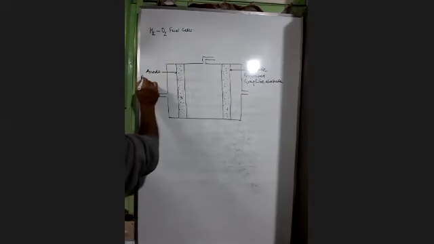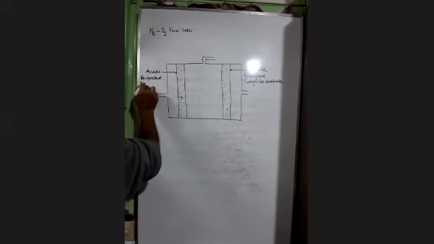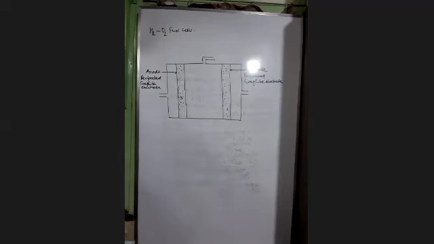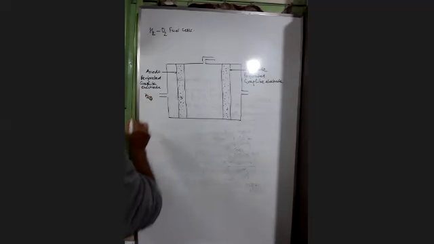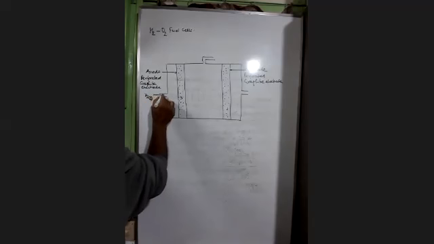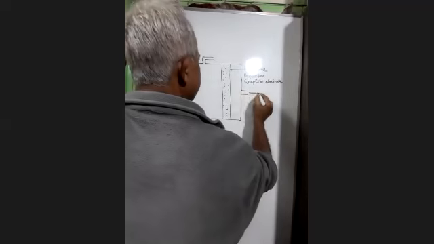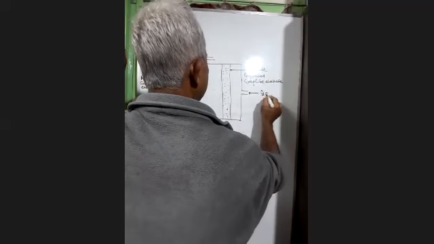This is also perforated graphite electrode. So through that we send dry and pure hydrogen gas. And through this we send dry and pure oxygen gas.